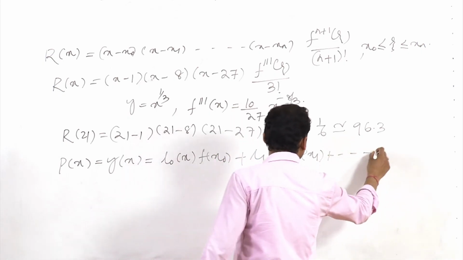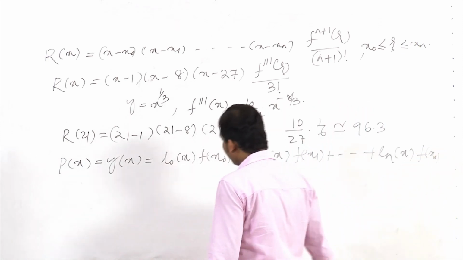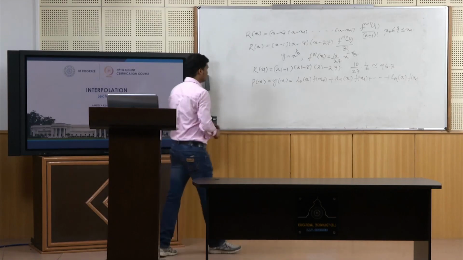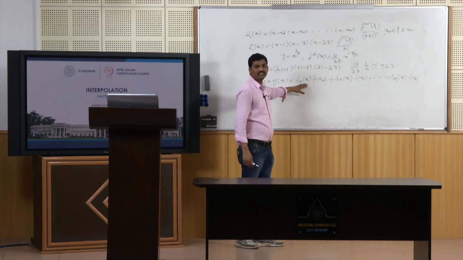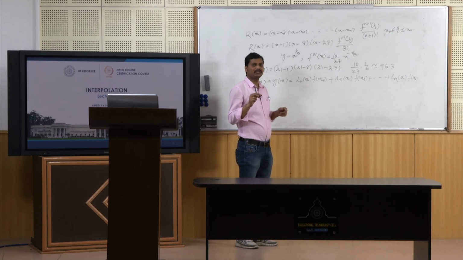Likewise we write Ln(x) f of xn here. But suddenly if one extra point is added, then we have to consider that n plus 1 point in each of these products here, since L0(x) is usually expressed as (x minus x1) to (x minus xn) by (x0 minus x1) to (x0 minus xn).